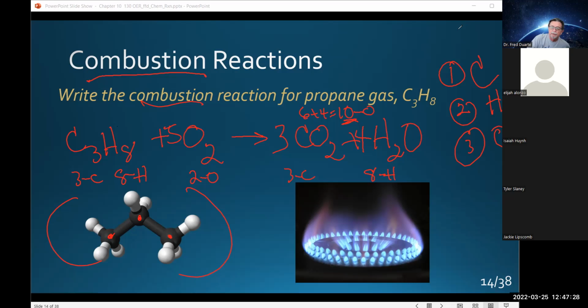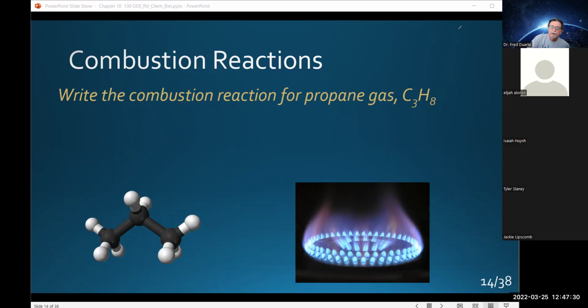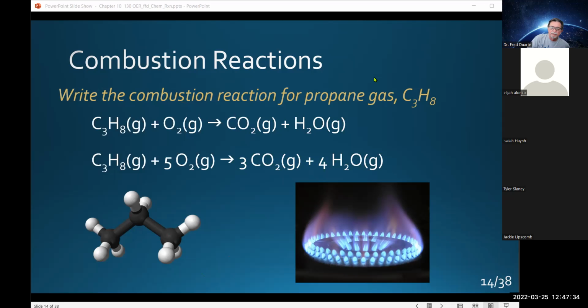Okay, let me clear up my mess and put down balanced chemical equation. Notice, observe something. For every molecule of propane, you need 5 molecules of oxygen to burn, to combust, to get rid of all the propane.